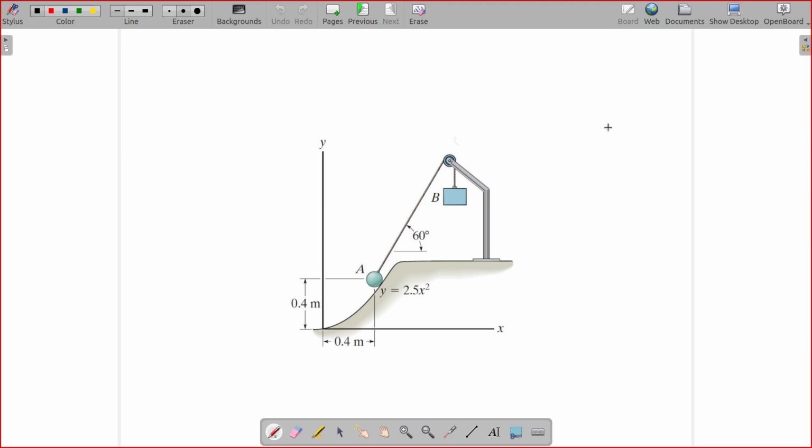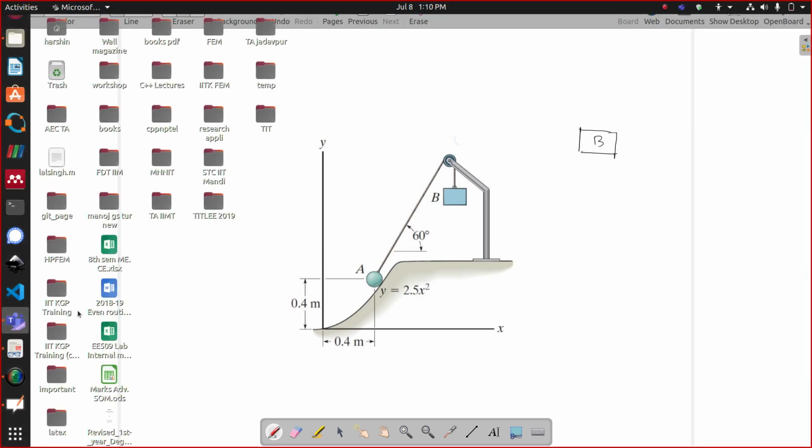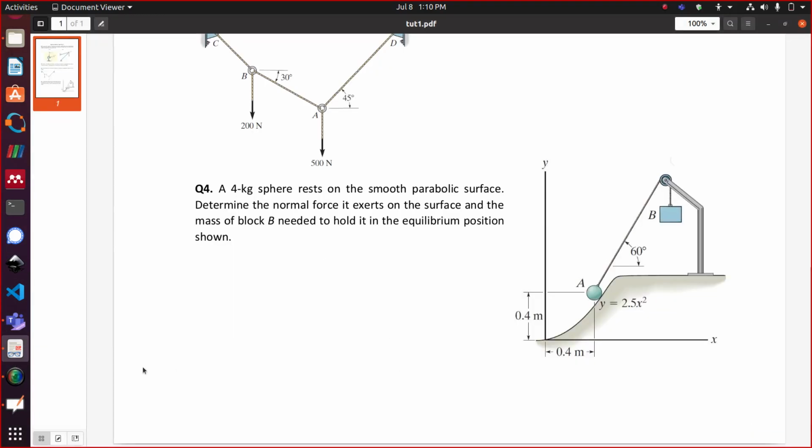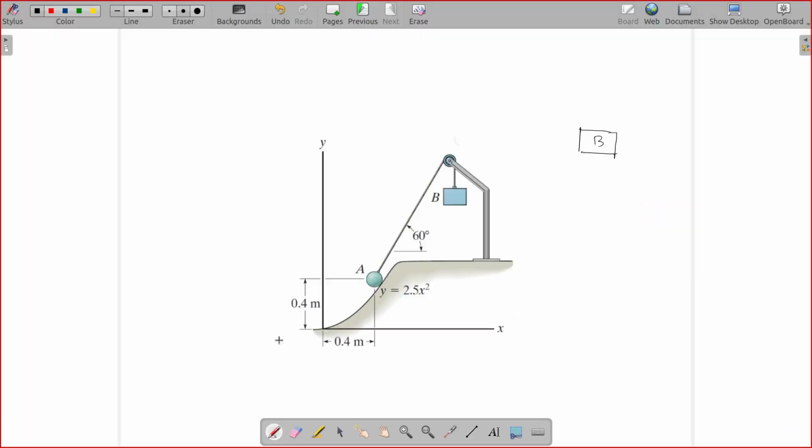What will be the free body diagram of block B? The sphere has a mass of 4 kilogram.